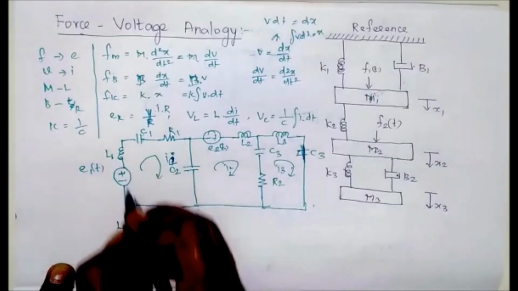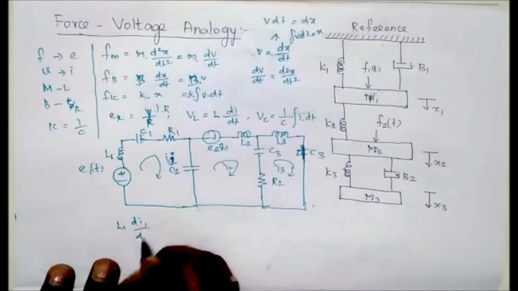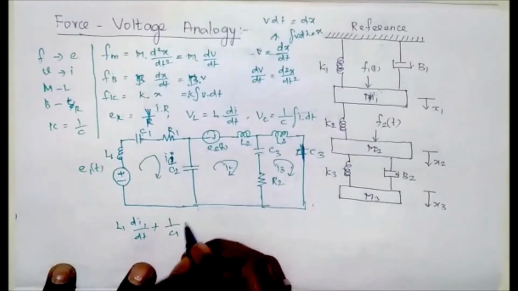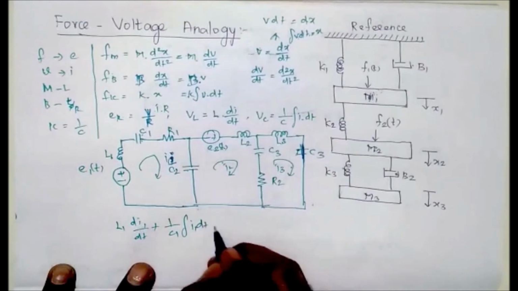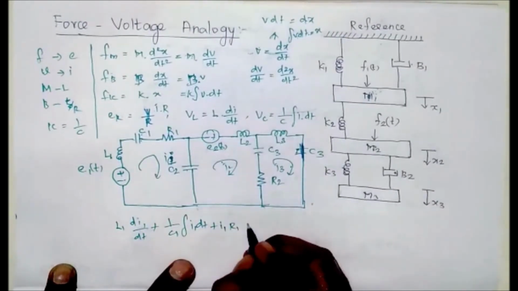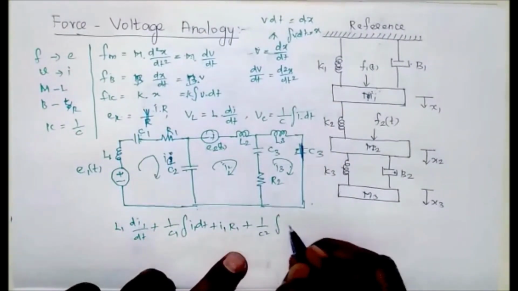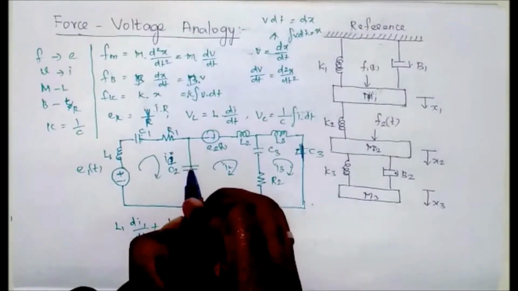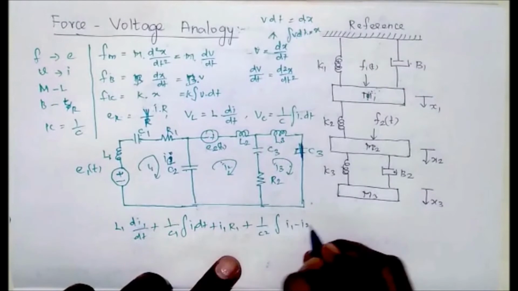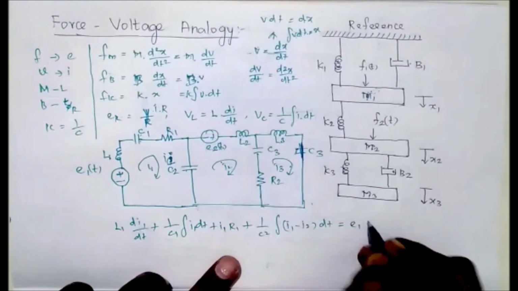Therefore, drop across this inductor is L1 into di1 divided by dt, plus drop across this capacitor 1 by C1 integral of I1 dt, plus drop across this resistor I1 into R1, plus drop across this capacitor 1 by C2 integral of (I1 minus I2) dt, equal to E1 of t.